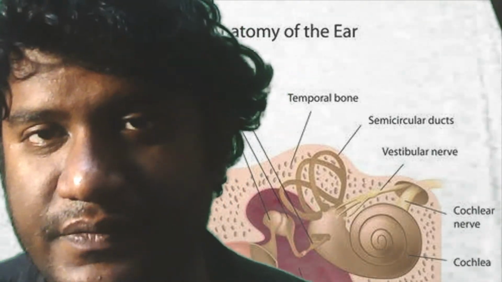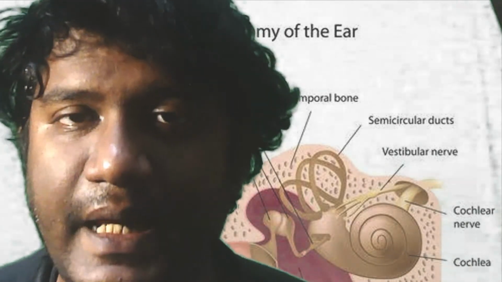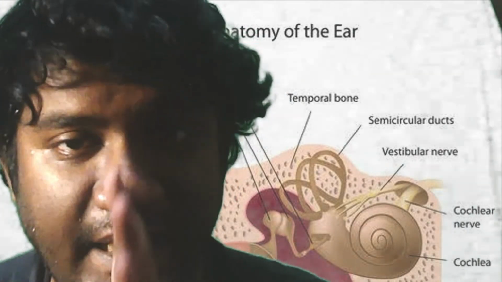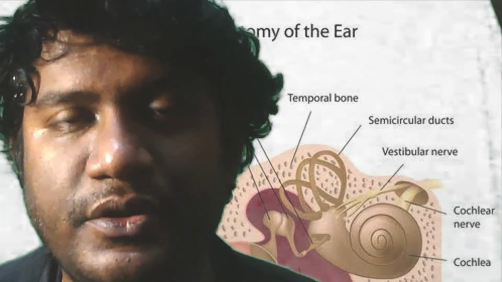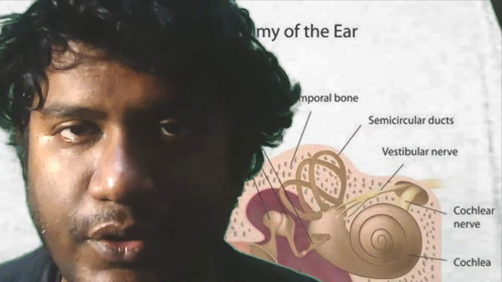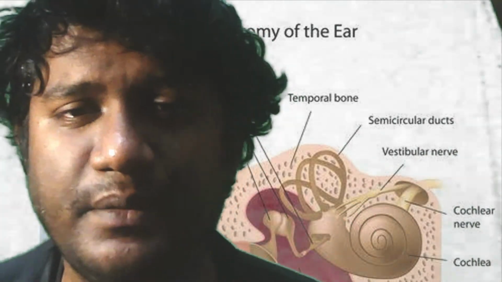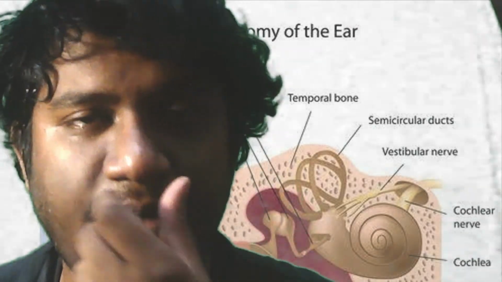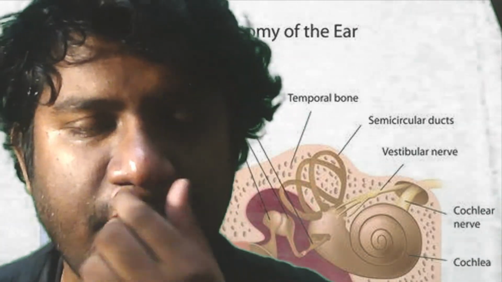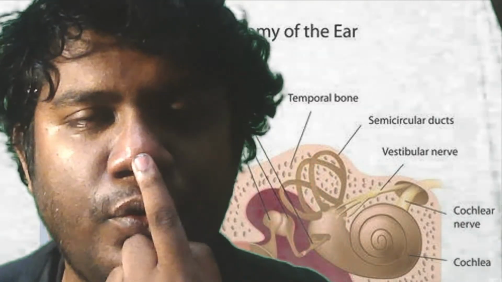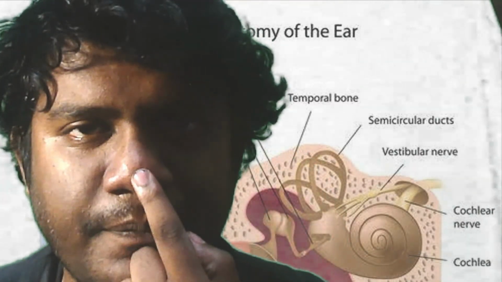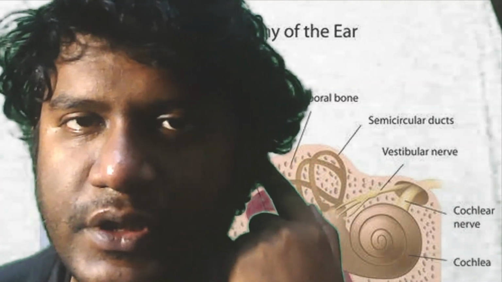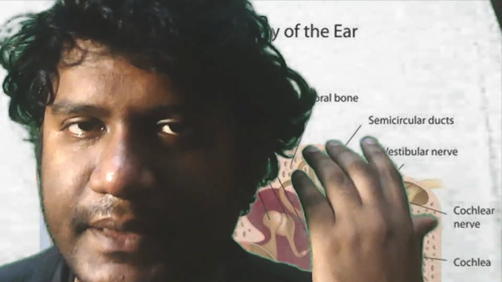Anterior means towards the front, posterior means towards the back, medial means towards the midline of the body, and lateral means away from the midline of the body. With a simple example, look at our nose. Our nose is more to the front compared to the ear. So nose is more anterior than the ear. Ear is more posterior than the nose, more to the back.